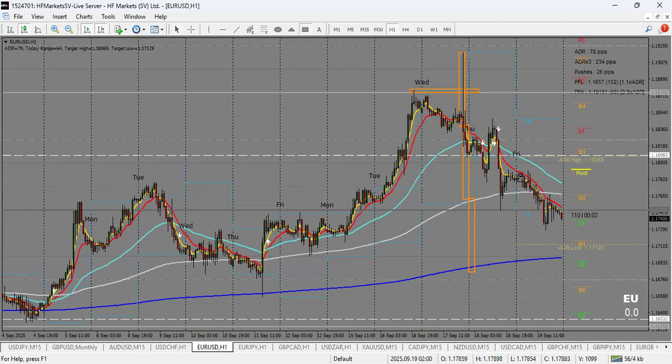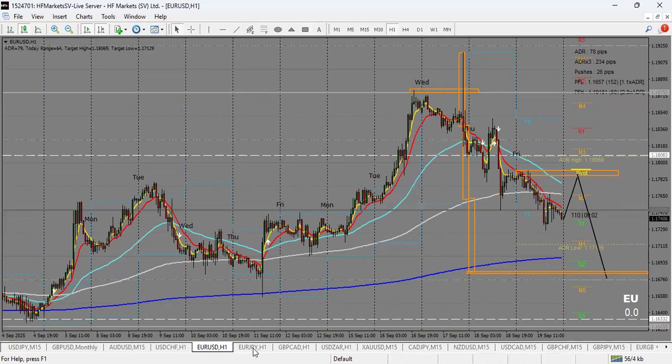So price would come to cover those pips and form a peak formation high, peak formation low. So Monday, a false move going up, and around that area we can expect a peak formation low.